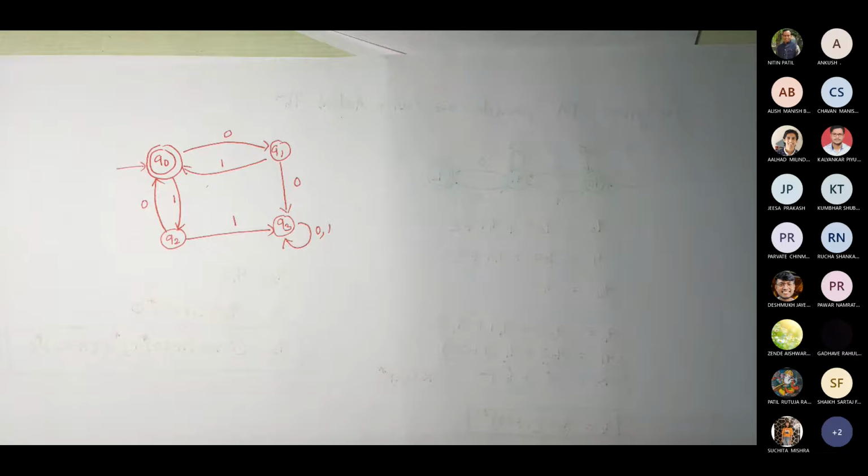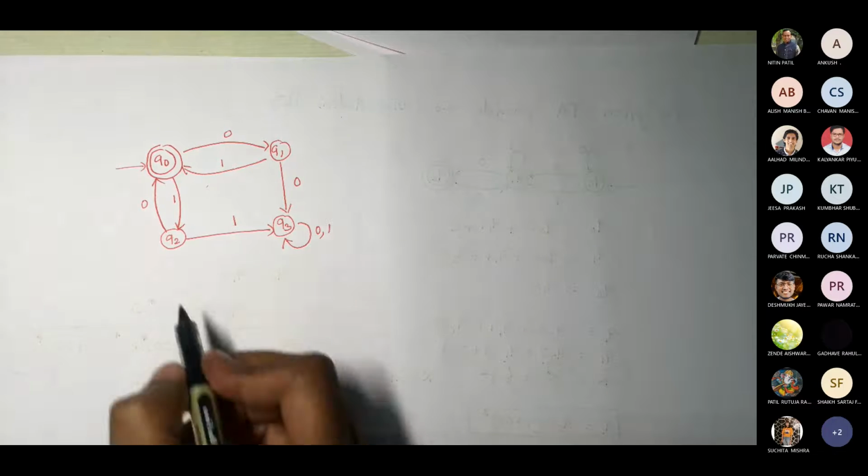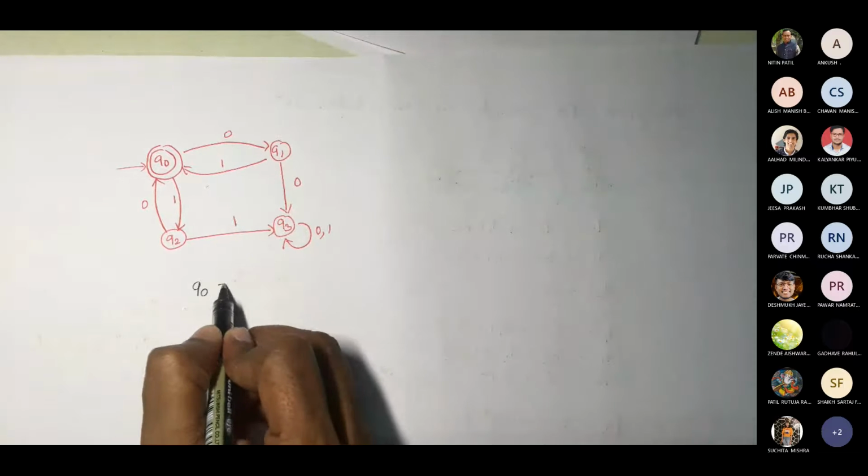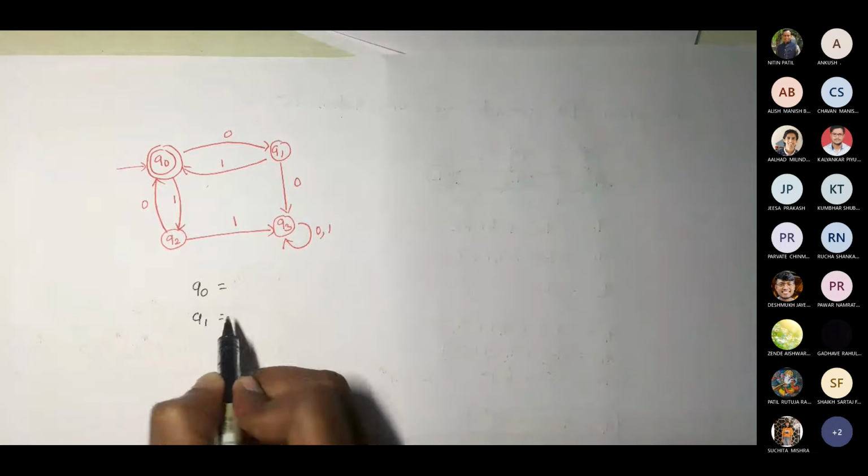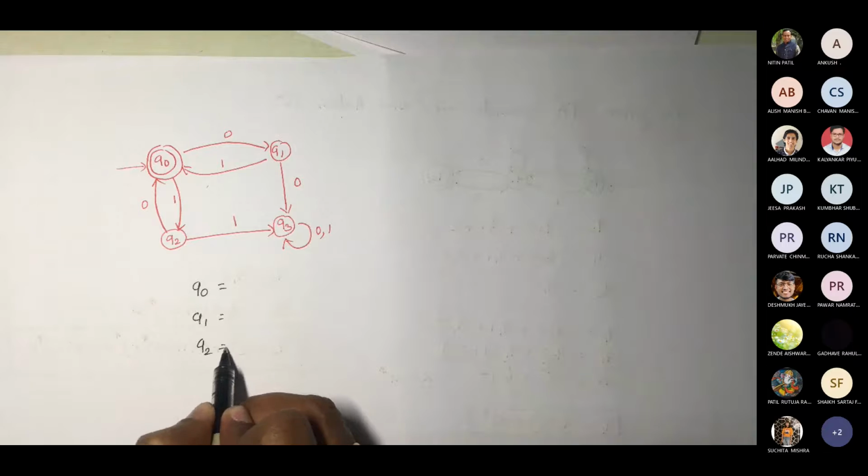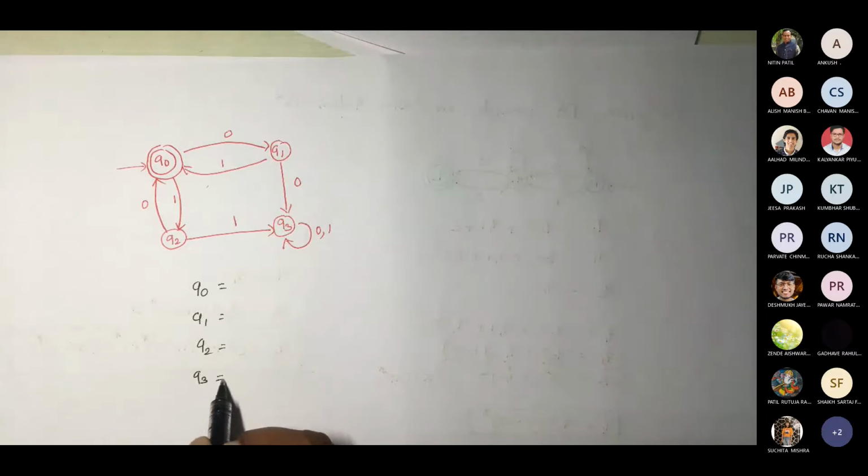Now what would be your equations? Can somebody help me to write the equations? Let me start with Q0. One by one, I will take the name of a student so that he or she can help me out.